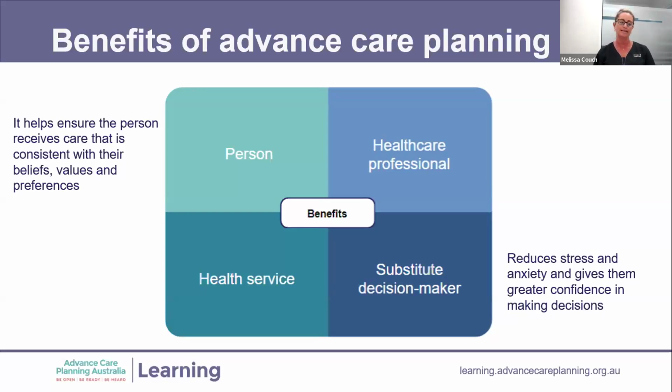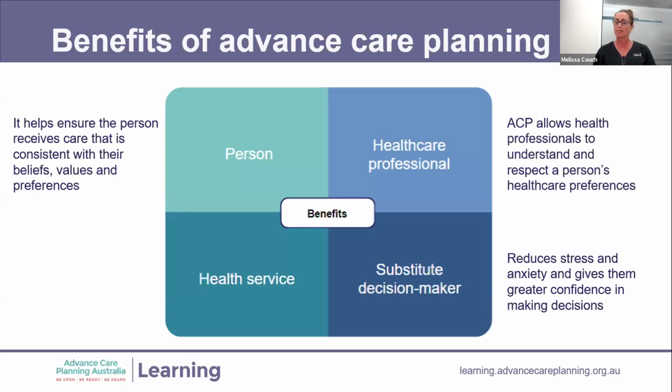Quite often we hear after the fact that the substitute decision maker didn't know what their loved one's wishes were, and it was really quite stressful. And that can be a lifelong guilt that they quite often experience if they haven't actually spoken to their loved one.